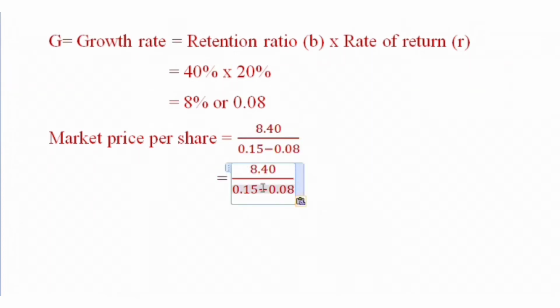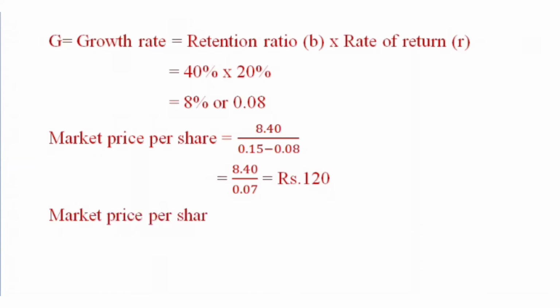If you simplify it, 8.40 divided by 0.07, the market price will be 120 rupees.